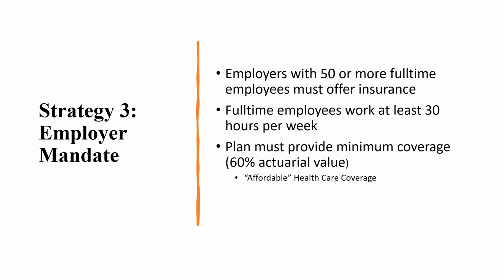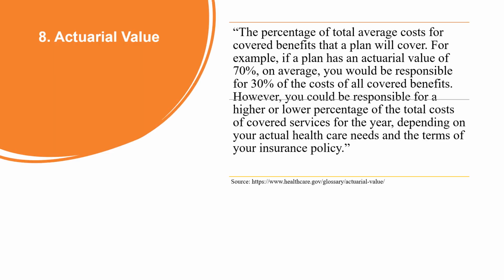But let's get back to actuarial value. And this is kind of a long definition, but it's basically the percentage of the total average cost for covered benefits that a plan will cover. And I've written an example in there. If the plan that you have has an actuarial value of 70%, that means on average that you would be responsible for 30% of the cost of all covered benefits, and the health insurance plan would pay for the other 70%.